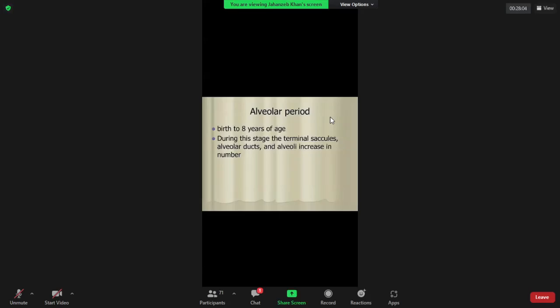Some books say that it's about 10 years. The books vary within the alveolar period. Basically, just remember this thing. It's up till the child. जब तक childhood है, तो terminal alveoli increase in number. The alveoli just get increased in number, and it just goes on and on.